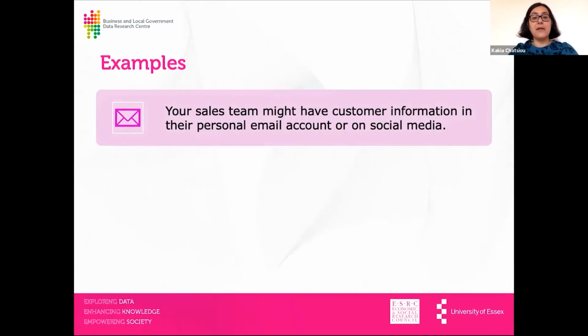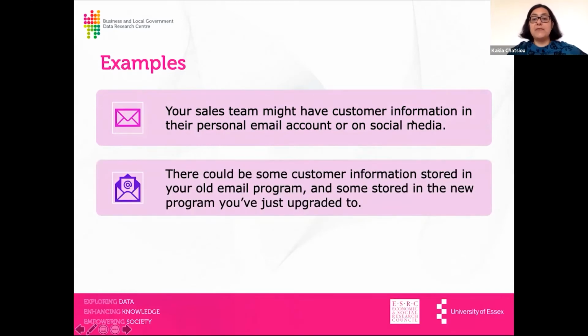So here are some examples of where data could be stored. So we have here a company, we have a sales team. The sales team might have customer information on their personal account or on social media. And there could be some customer information stored in an old email program and some stored in the new program we've just upgraded to. So at some point you need to bring them together.